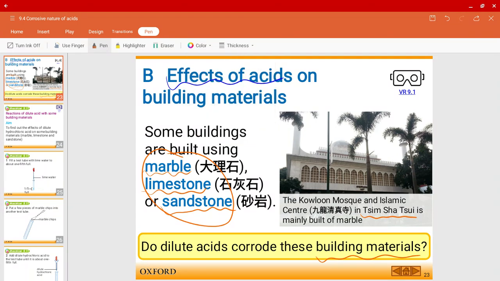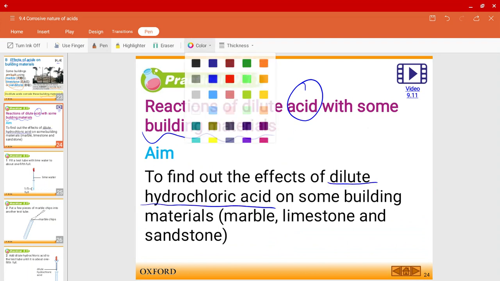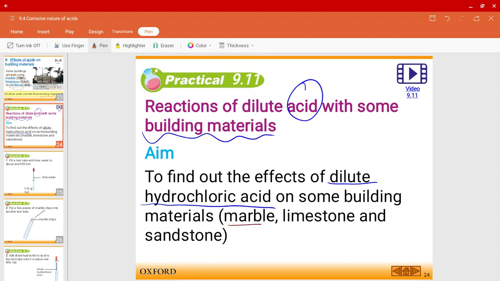For that, we'll need to figure it out by doing an experiment. In this experiment, we'll see whether acids have any reactions with the building materials. We'll be using dilute hydrochloric acid on marble, limestone, and sandstone.